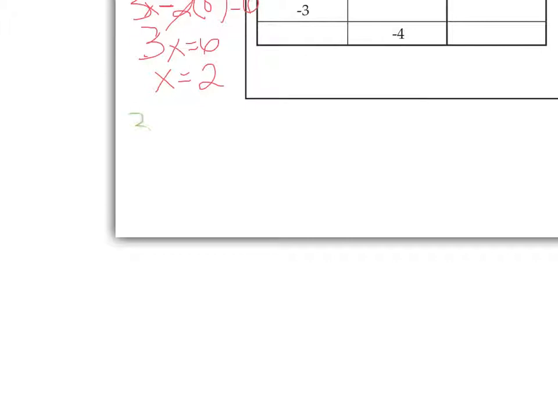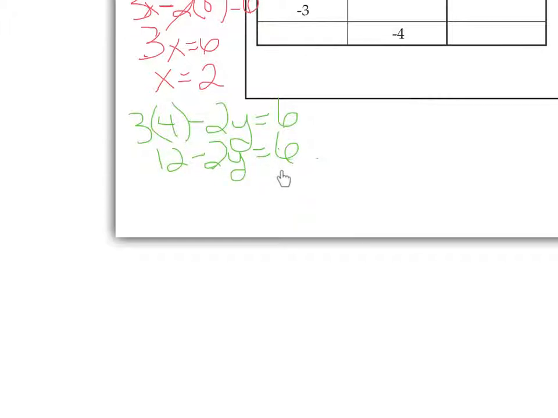So 3 times 4 minus 2y equals 6. 3 times 4 is 12. Whoops, not 12 there, 6 there. All right, we're going to have to subtract this 12 from both sides because we're trying to isolate this y.